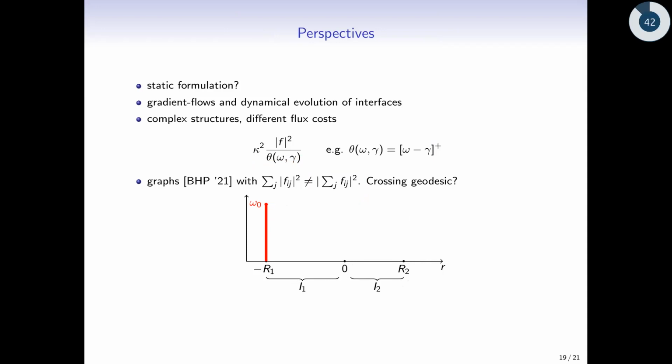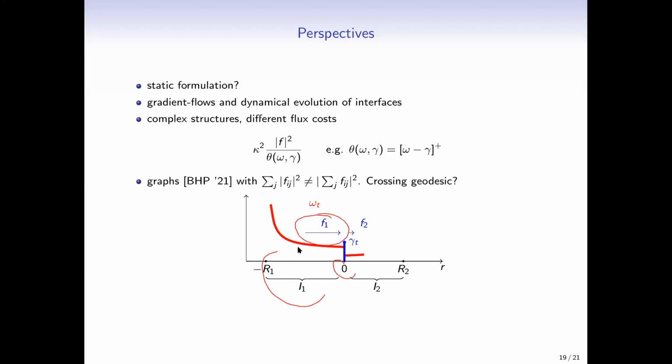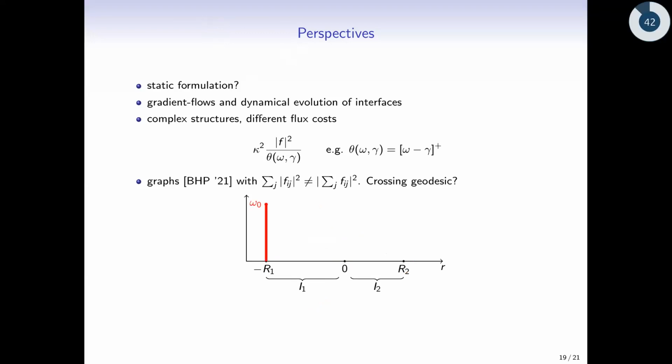So you start at time 0, your mass slowly reaches the vertex, the mass jumps in from the I1 interval here to the 0 vertex, and this is what this influx little f1 does. Meanwhile, you also have an outleak of mass from this vertex to the second interval, and so on. So let me just run the picture. This is what it should do, I guess.